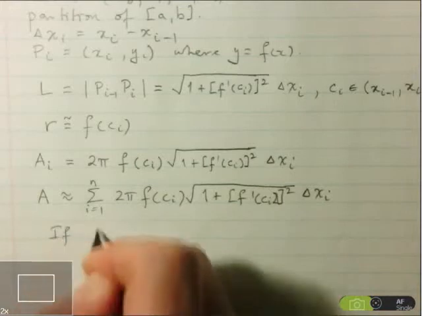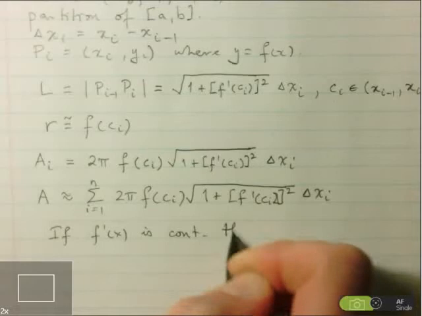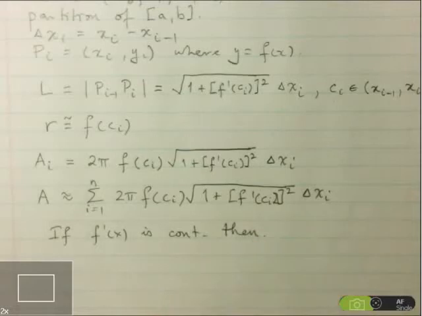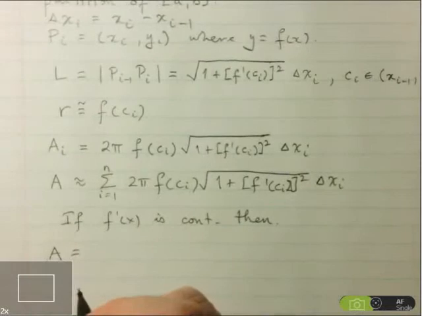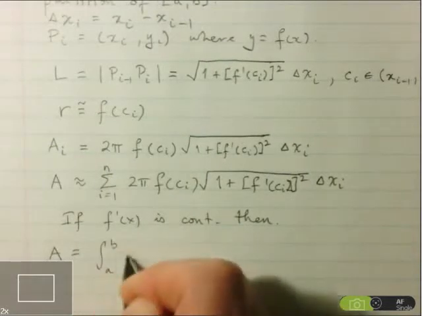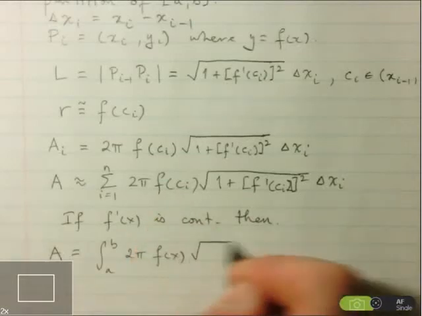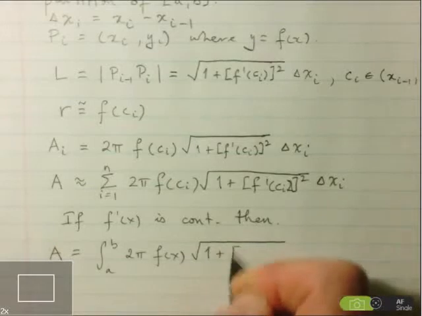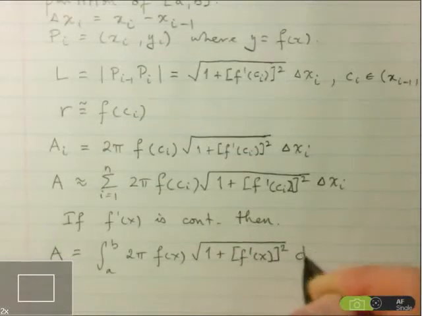So we can write, if f prime at x is continuous, then we can now extend this to an exact expression for the area, which is just given by the integral from a to b of 2 pi f at ci, which of course becomes f at x in the integral, times the square root of 1 plus the square of the derivative. And of course, our delta xi becomes dx.